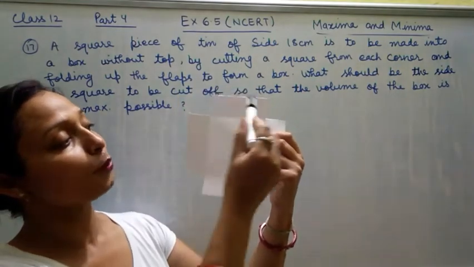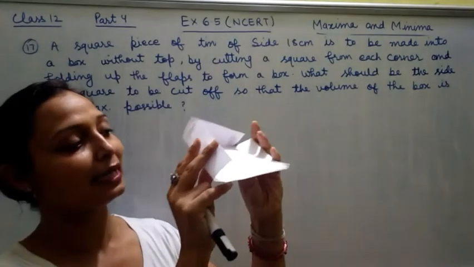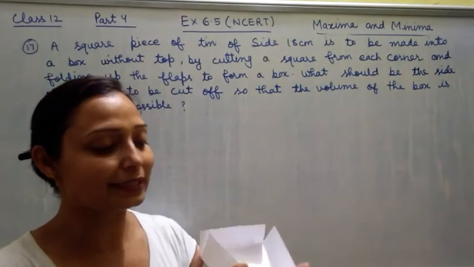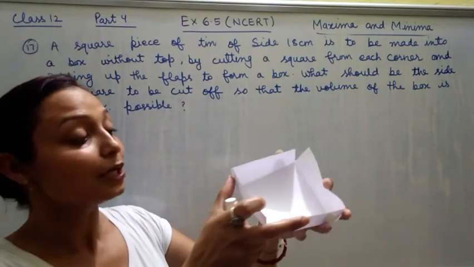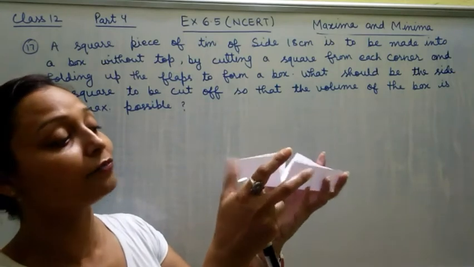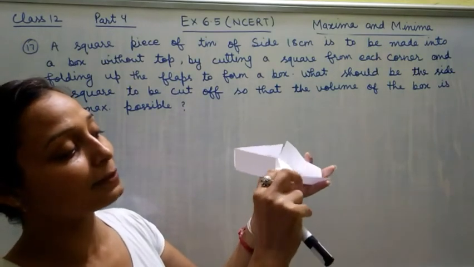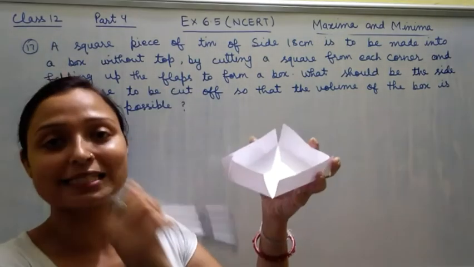So this is a box without a top, right? What should be the side of the square to be cut out so that the volume becomes maximum, right?